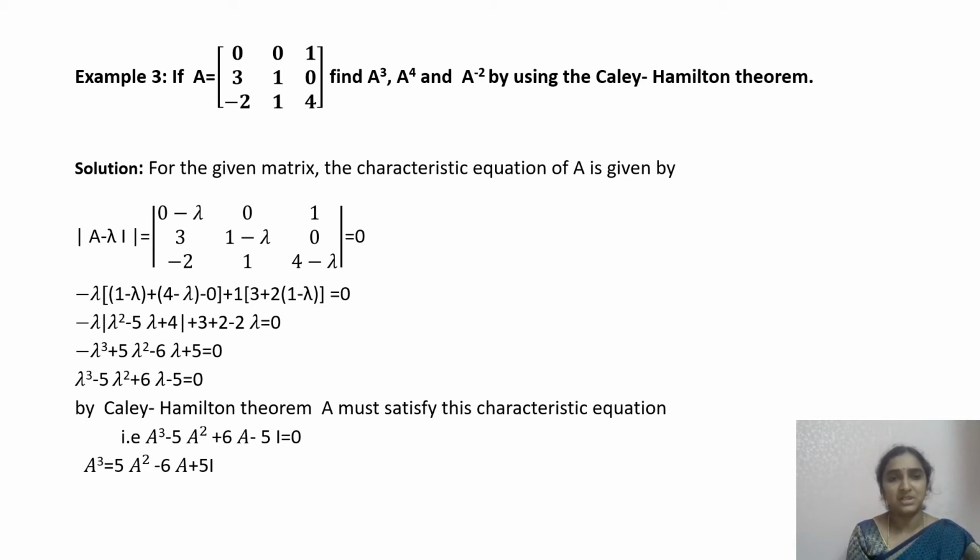By the Cayley-Hamilton theorem, A must satisfy its characteristic equation, that is A cube minus 5A square plus 6A minus 5I equals 0. That is, A cube is nothing but 5A square minus 6A plus 5I.